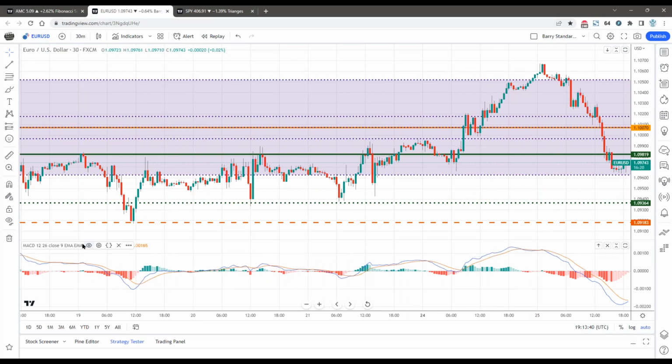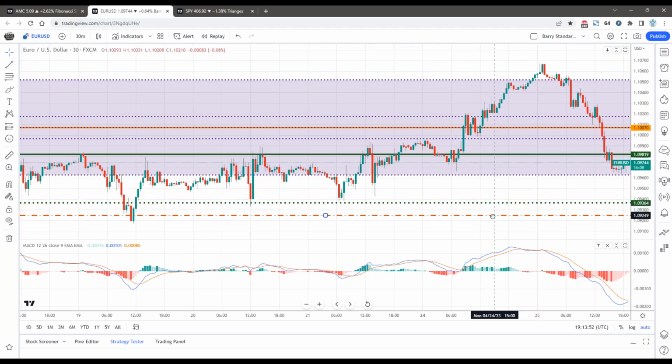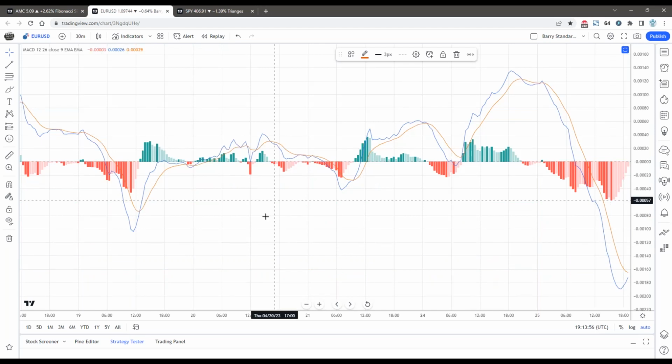Okay, so on the bottom of my chart down here, I've placed the MACD. The MACD that was on the bottom of the chart, I've just enlarged so you see it visually.